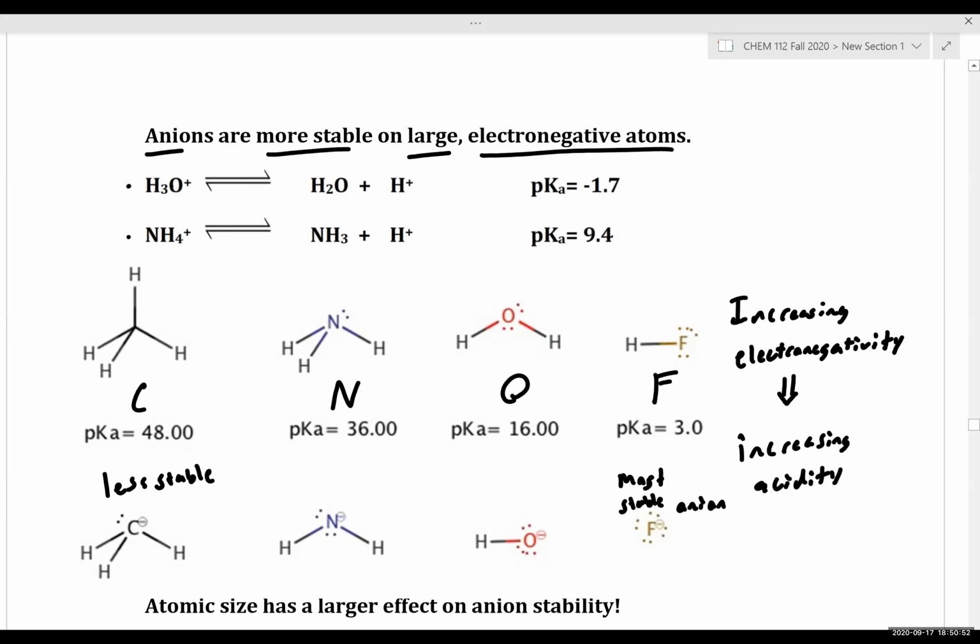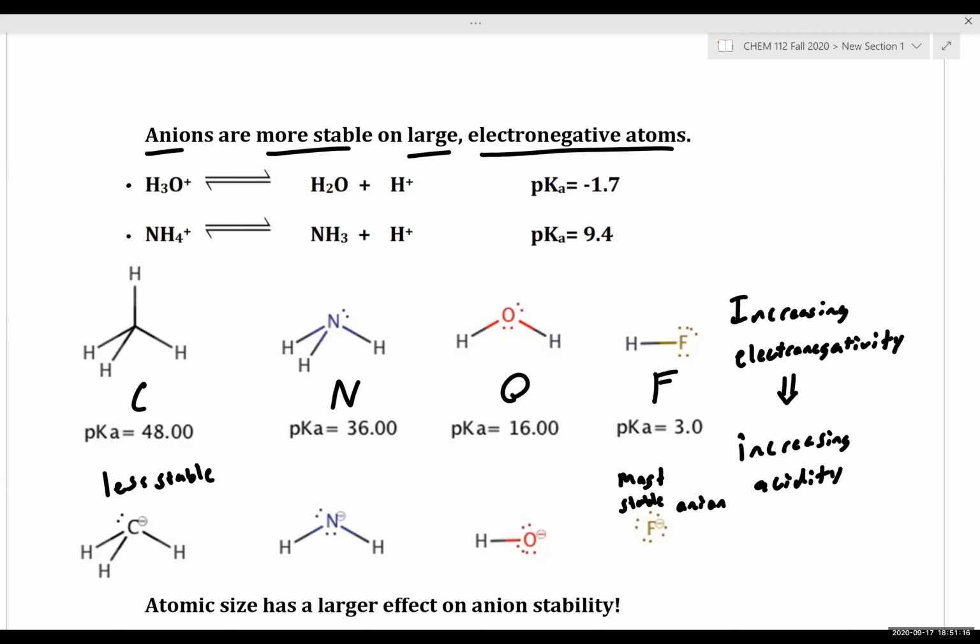Because deprotonation generates a conjugate base where our oxygen is more readily able to stabilize our lone pair. And as a result, our conjugate base is less basic. Does that make sense?